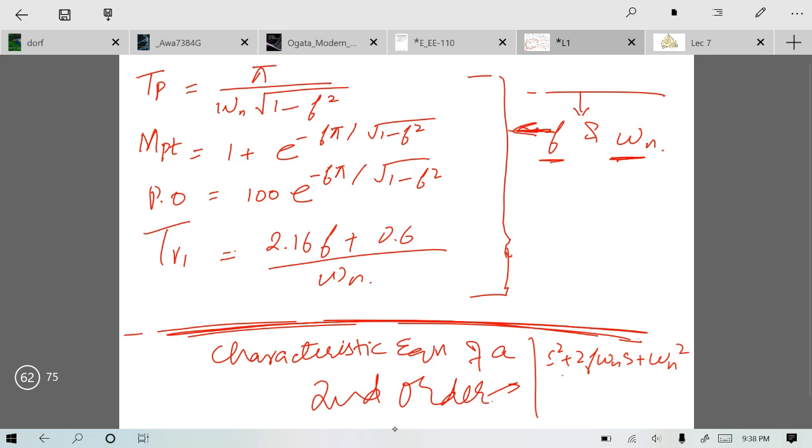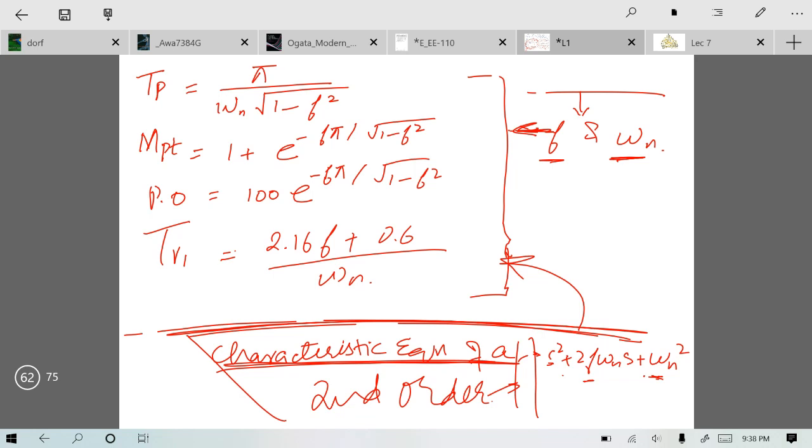You compare that characteristic equation of the second order system with this, find zeta and omega n by comparison, and then put in the expressions to find all the performance parameters of that specific system.